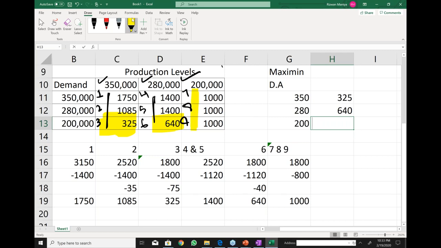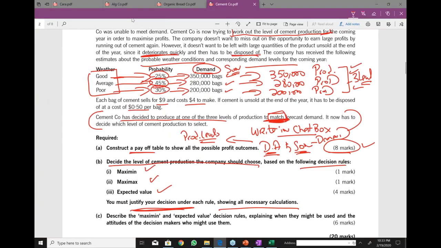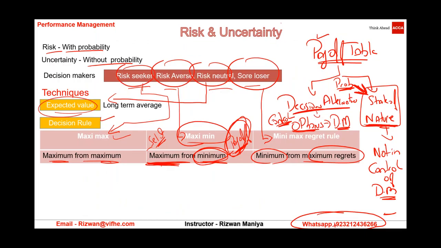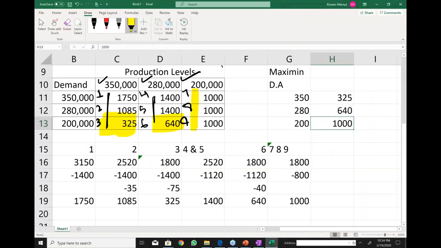So what are we supposed to do? From the minimum payoffs, we have selected all the minimum ones. Got it? From all the minimums, select the maximum one. So the maximum is 200, and the decision is 200.